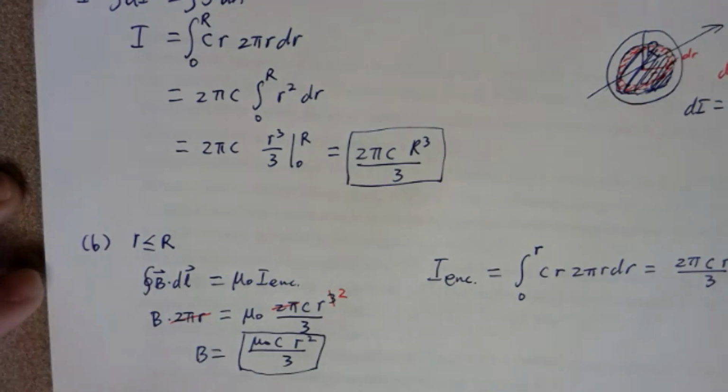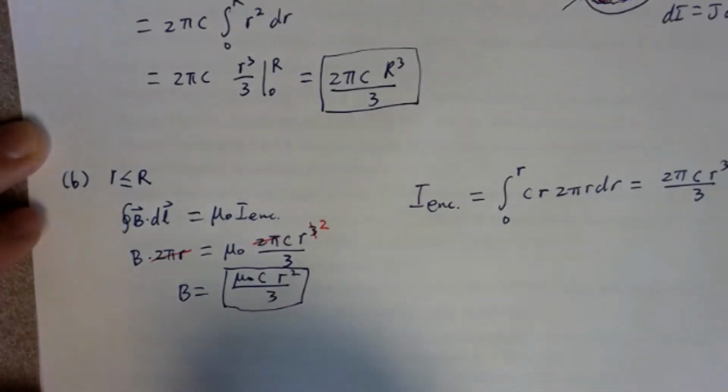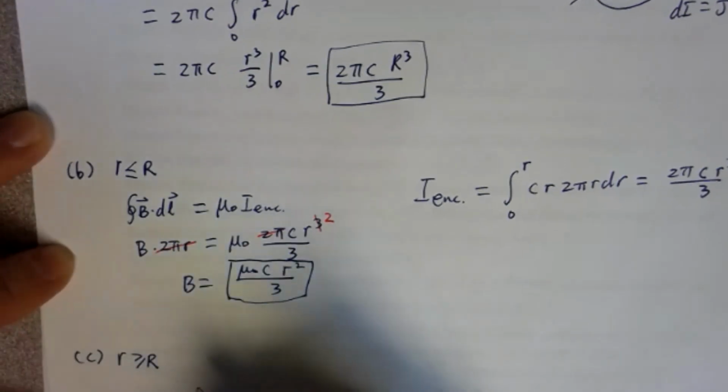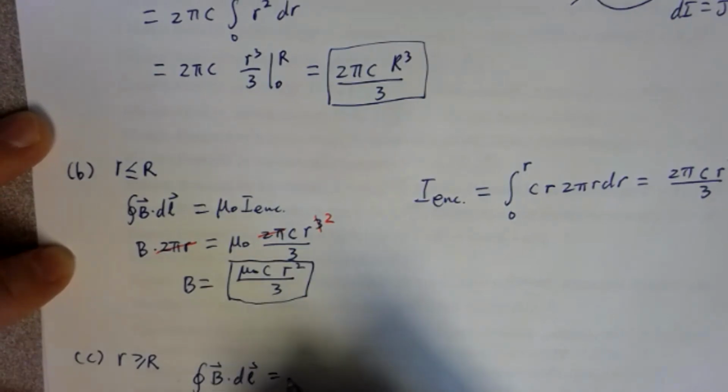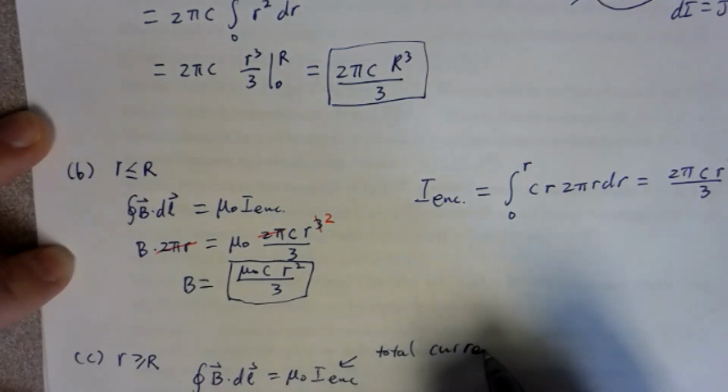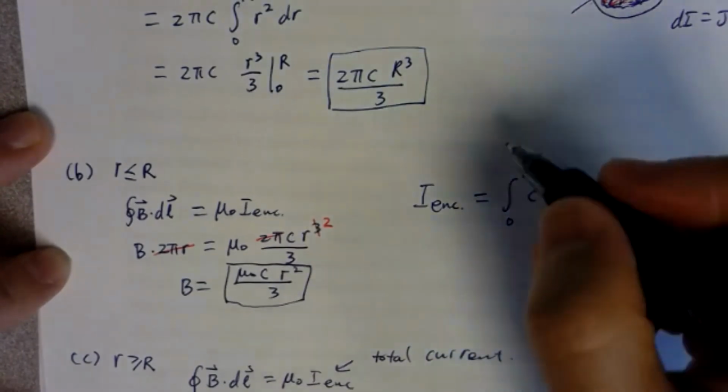Now outside the wire, r greater than R. The same thing here, you'll be doing Ampere's law, mu naught I enclosed. So this enclosed will be the total current, which we have in here.